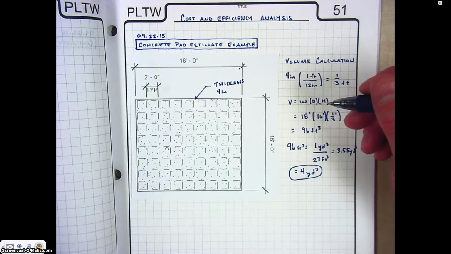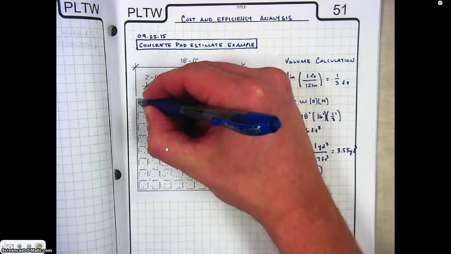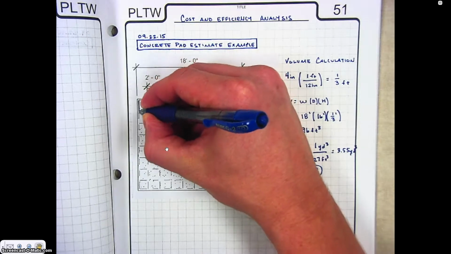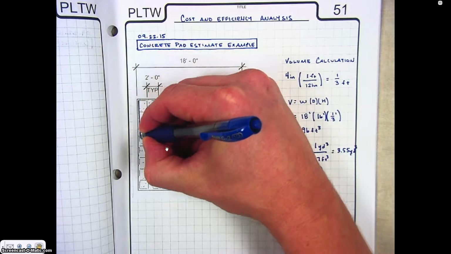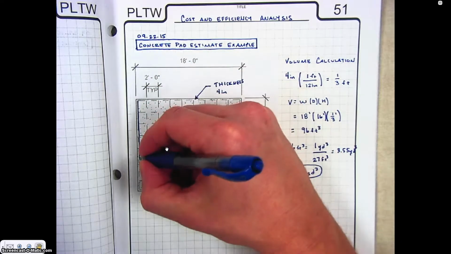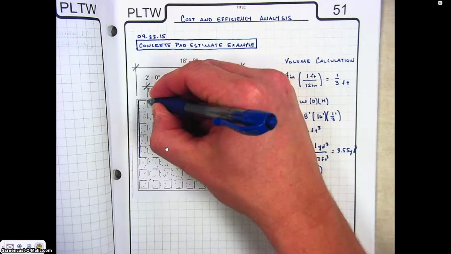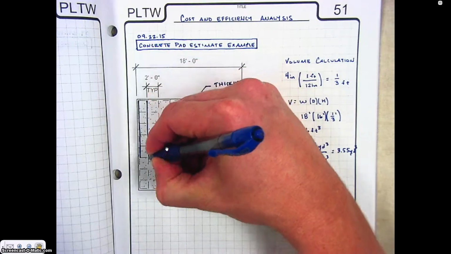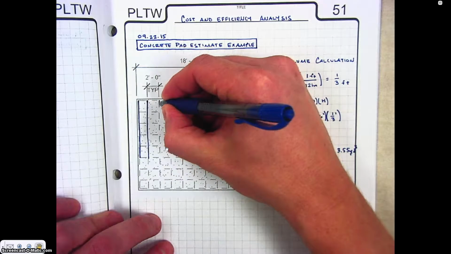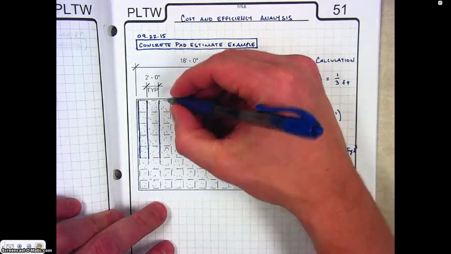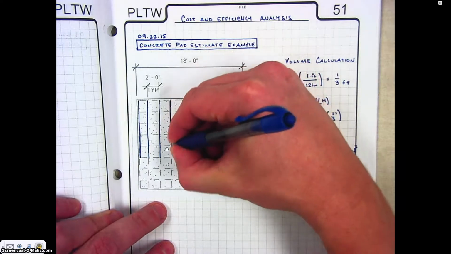If we go ahead and start to draw in some rebar here, let's say we're going to put each one of these spaces as 2 feet. So I have 2, 4, 6, 8, 10. So there's a 10-foot section. Another 10-foot section. If I continue to make those 10-foot sections clear across here, I can lay my rebar in that way.